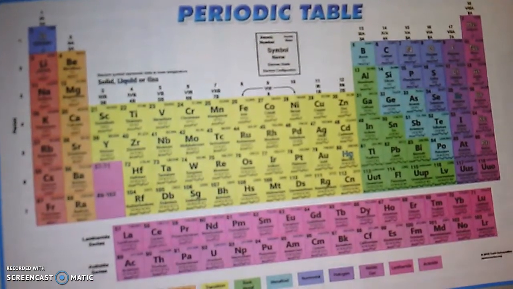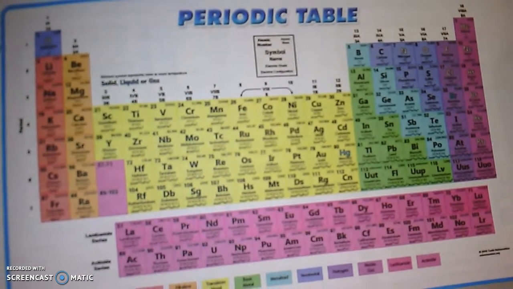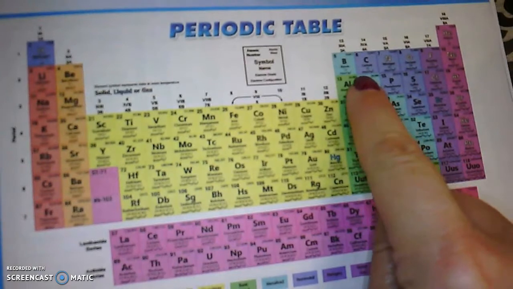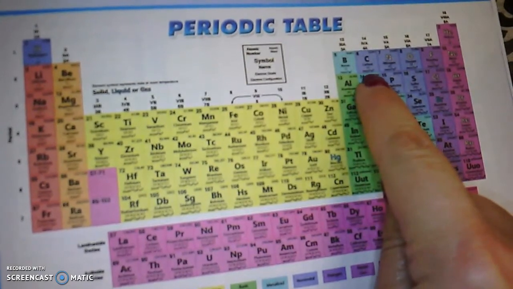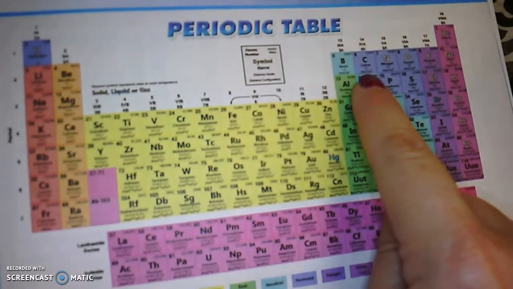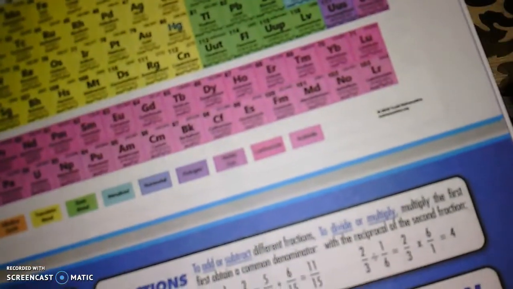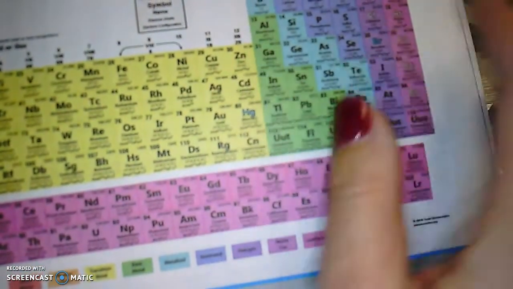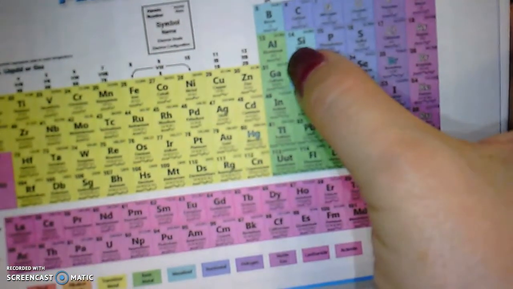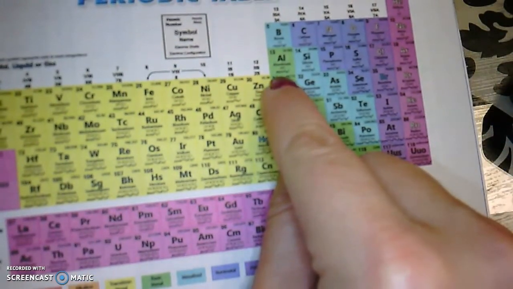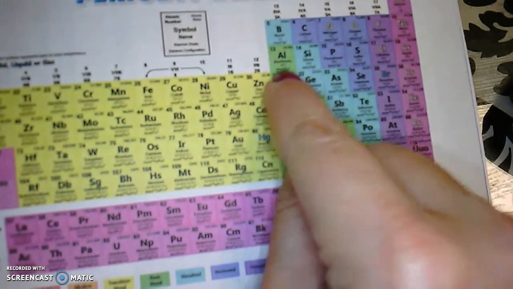Okay? So a few of these that we're going to list on our paper that we will come in contact with would be carbon, like charcoal or the graphite in your pencil, or even diamond in rings. Those are made out of carbon. And then another example that we're going to write down is aluminum, like aluminum foil that you would wrap leftovers up in, or aluminum cans that you would drink soda out of.